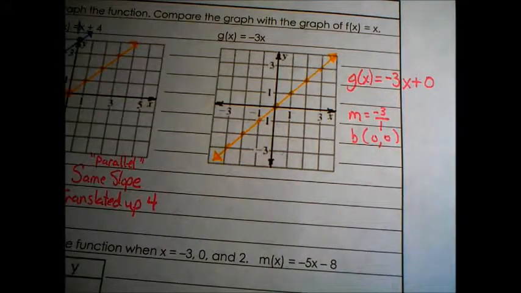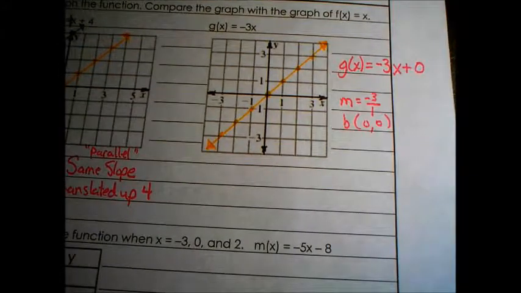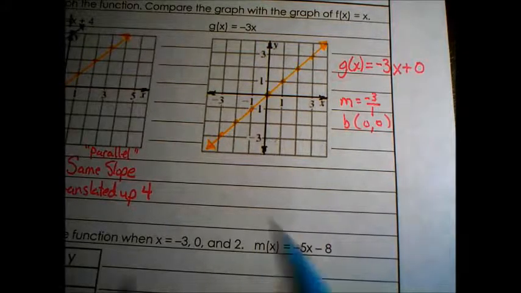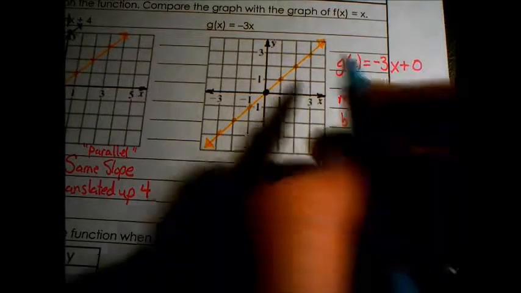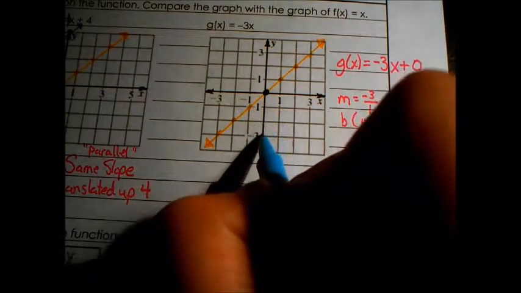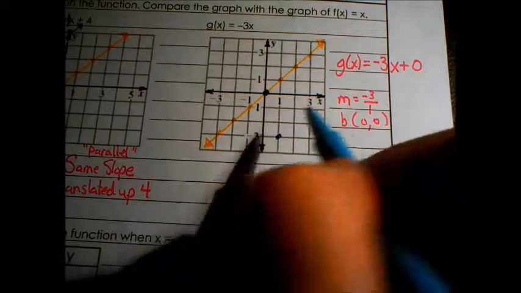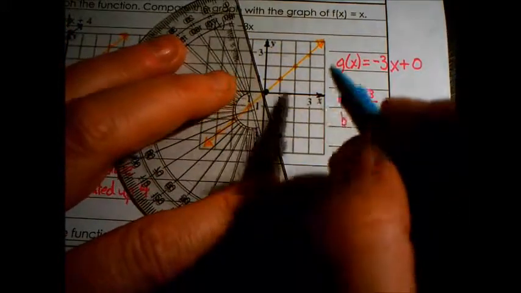So when I graph my line, let me change this to blue, I start at 0, 0, so we have the same exact y-intercepts, but now it tells me to go down 3 and right 1, and here's my line.